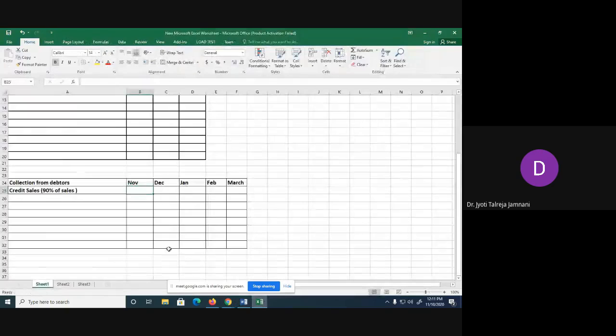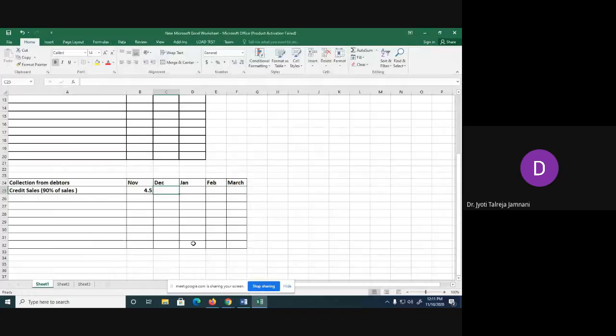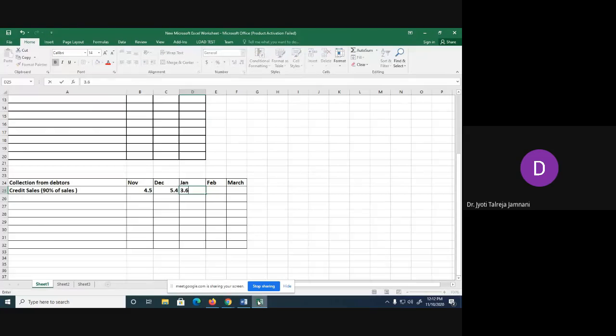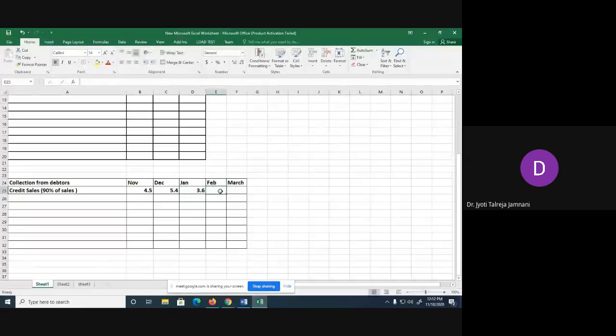That is nothing but 4,50,000. December it was 6. 90% of 6 is 5.4. January it was 4. 90% of 4 is 3.6. February it was 5. 90% of 5 is 4.5.